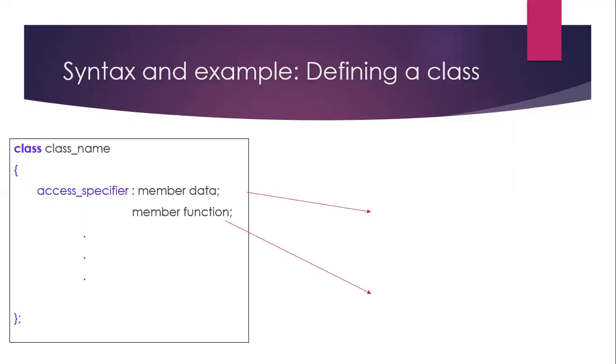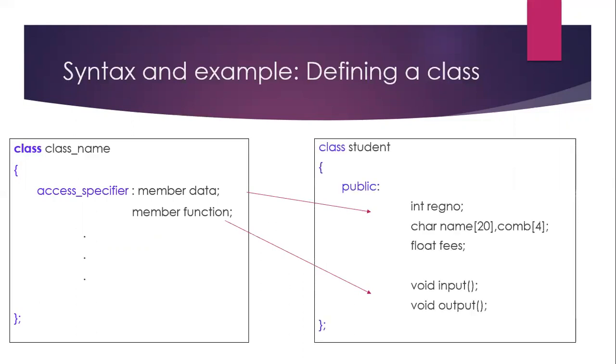With respect to the syntax, we are going to see a simple example. Class name will be student. Within the pair of flower brackets, you are going to have the access specifier as public, followed by a set of data members and member functions.